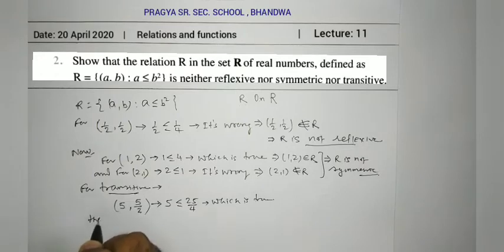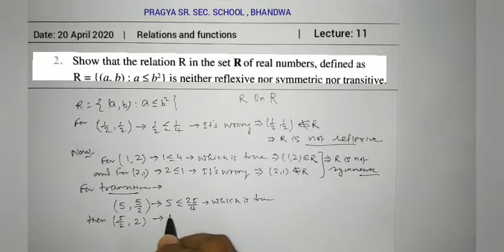Then for (5 by 2, 2): what is 5 upon 2? It is 2.5, and if you consider 2 here, you get 5 upon 2 less than or equal to 4, that is A less than or equal to B square. Obviously 2.5 is less than 4, which is also true.